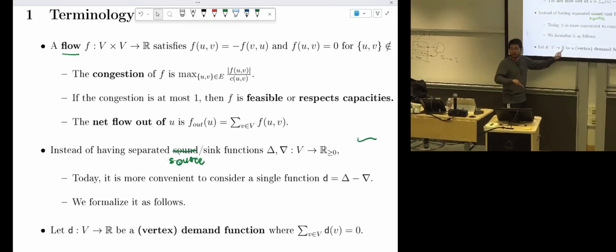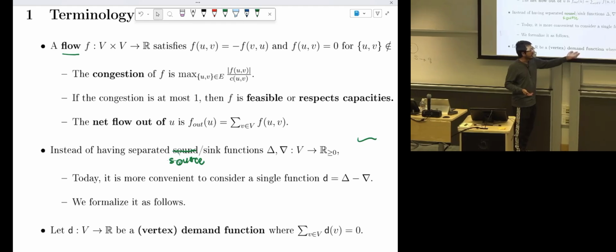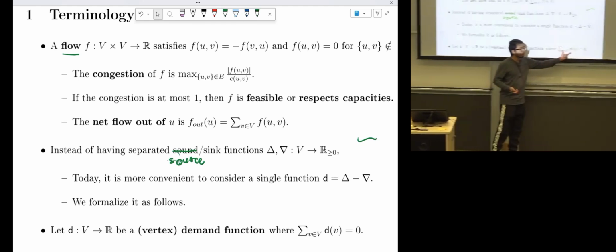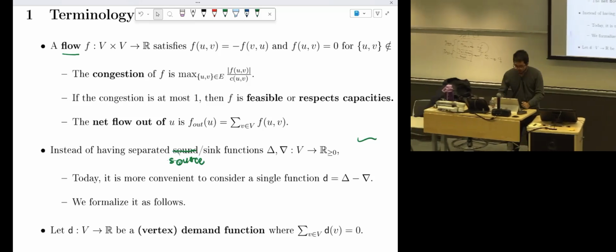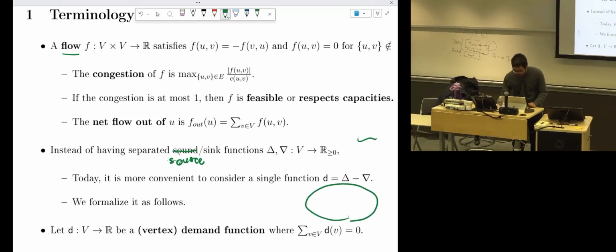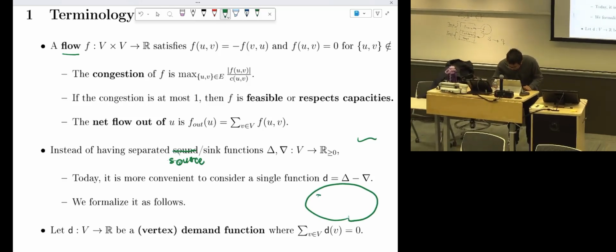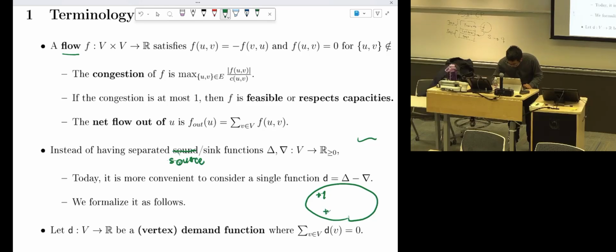Formally, I define it as a function that maps vertices to some number, can be positive or negative, and I call this a vertex demand if the sum is 0. So basically think like you have a graph, and maybe I put +1 here, +2 here, and -3 here.